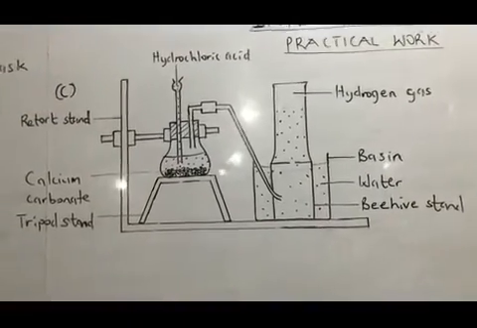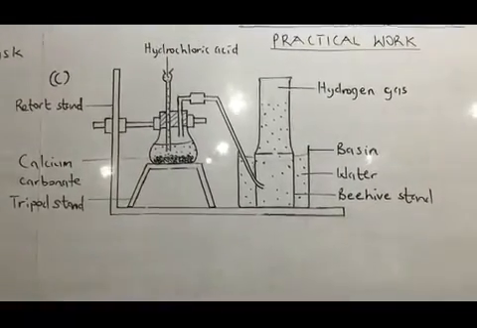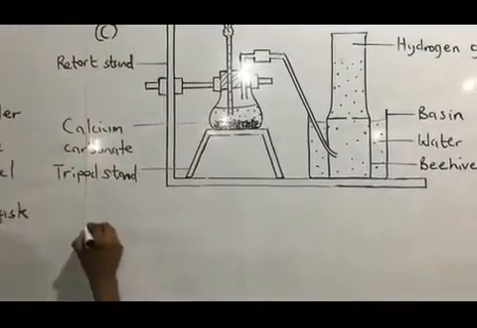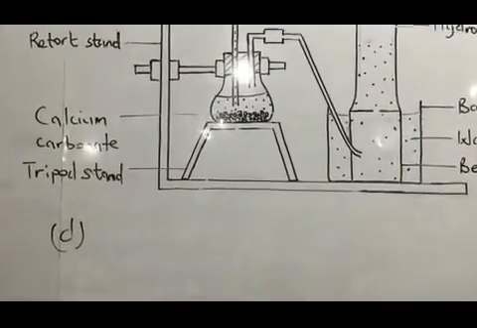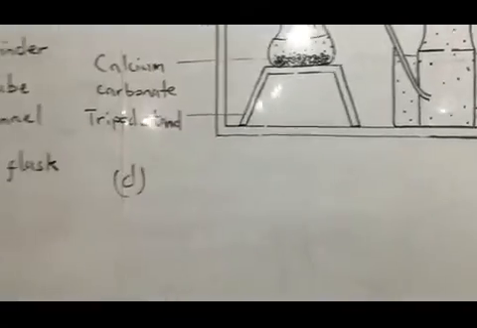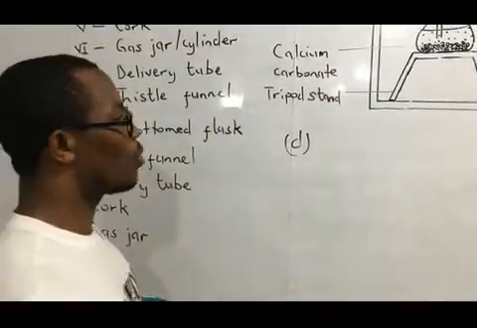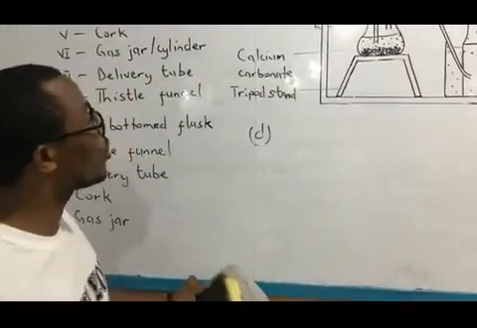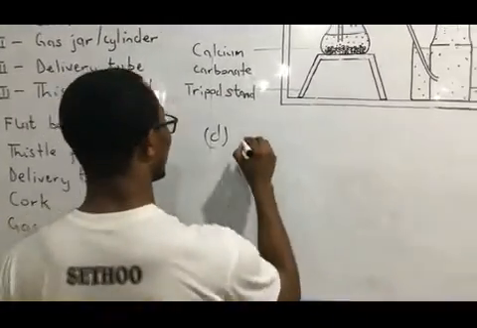And then the last question says, describe the test for carbon dioxide. We've come across this already, how to test for carbon dioxide. So you make use of lime water. So you pass the gas through lime water. And when the lime water turns milky, it shows that the gas is carbon dioxide gas.